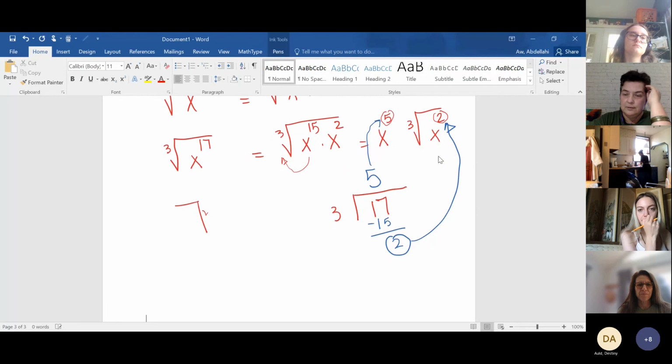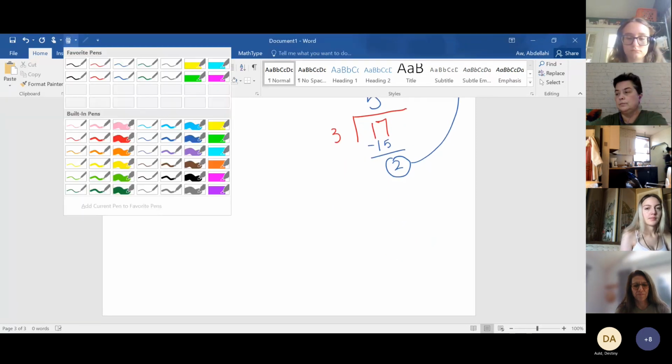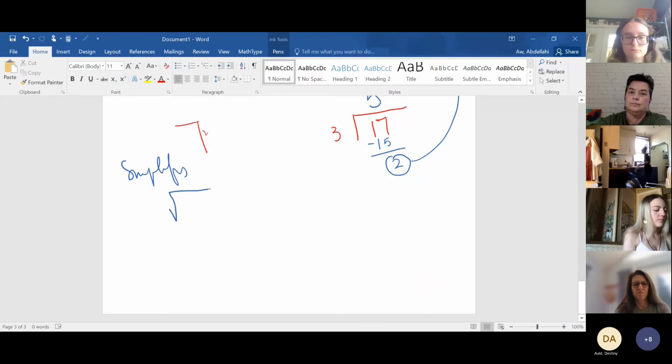So I'm going to give you some more here. Simplify the cube root.